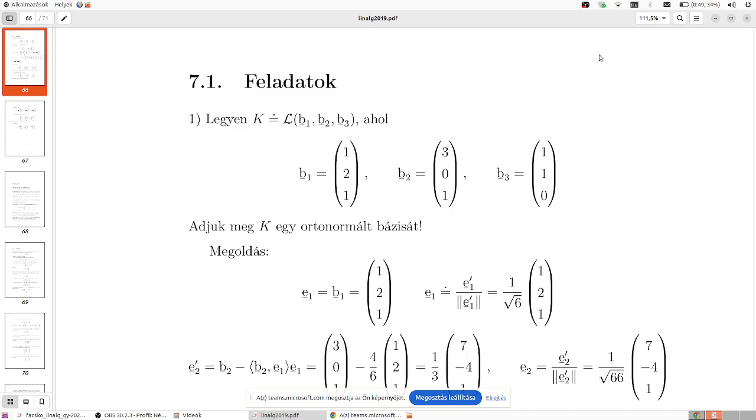So this full term is 0, because the scalar product is 0. So it means this vector is the v2 vector.